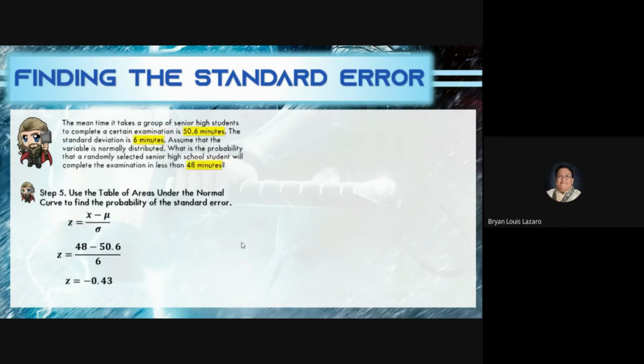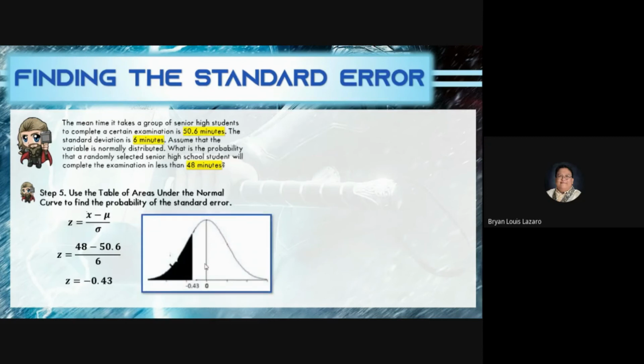I-drawing natin yung negative 0.43 sa ating normal curve. So, si negative 0.43, it will lie here, di ba? So, dito. Tapos, ang hinahanap natin, less than 48 minutes. Ibig sabihin, shadean natin itong part na ito. Itong black shaded. Kasi sila yung mga less than 48 minutes, which is less than negative 0.43.